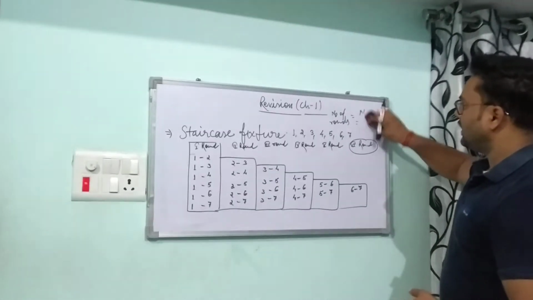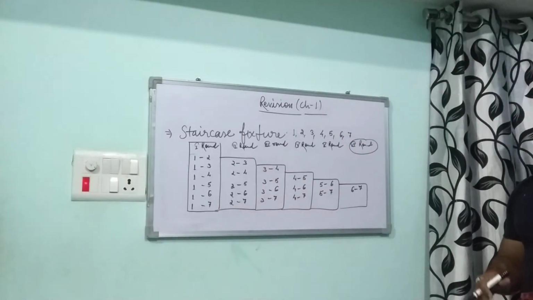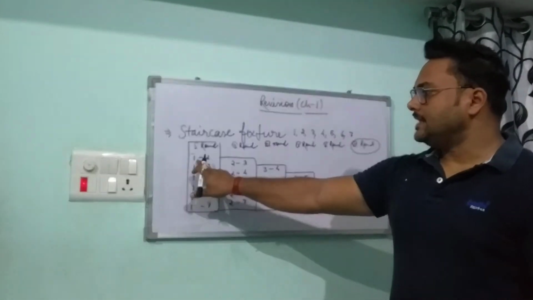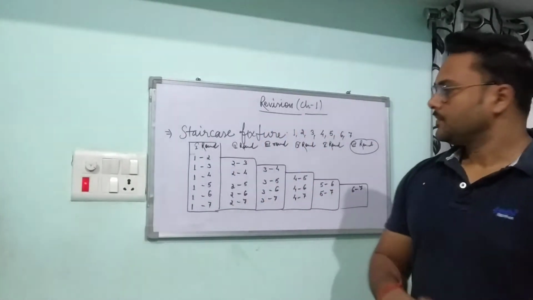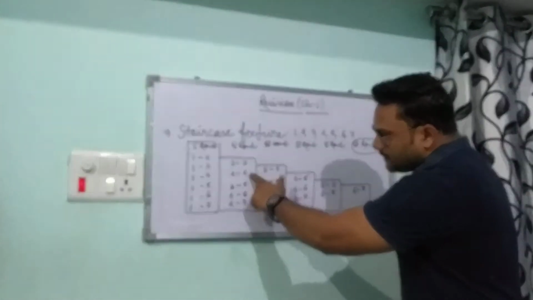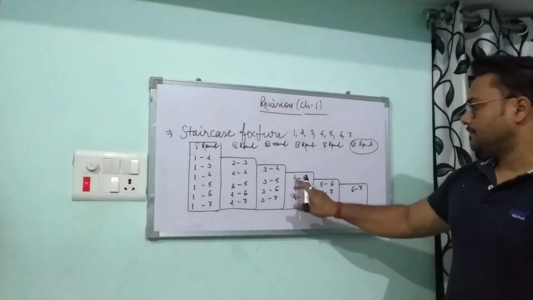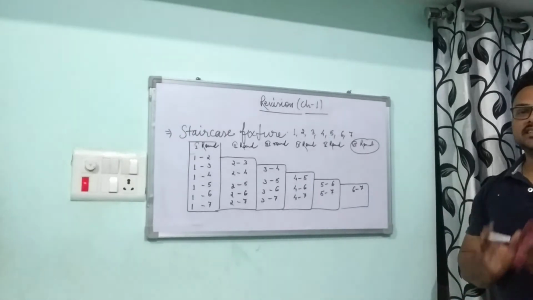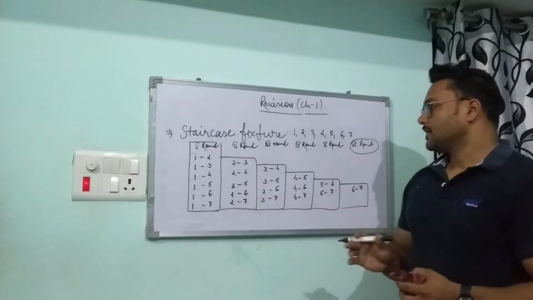This is the way we can decide the number of rounds as early as possible. You have seen that team 1 plays with all other teams, team 2 played with all other teams, team 3, team 4, team 5, team 6. So each team is playing with all other teams once.